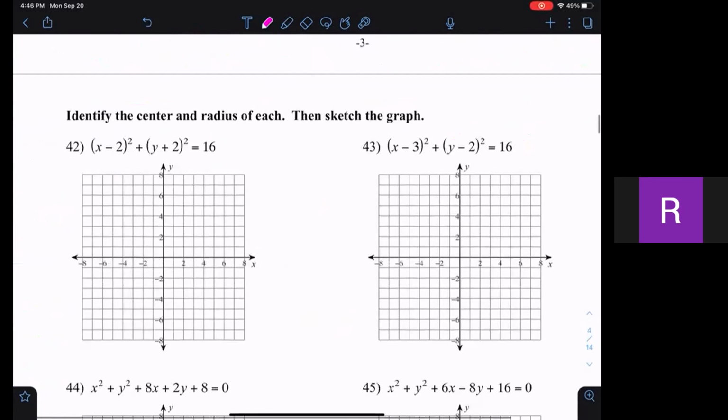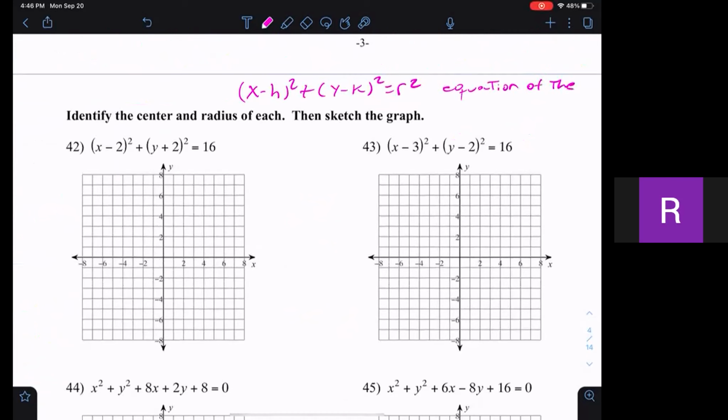Okay, the equation of the circle, right? So the equation of the circle, in standard form, is x minus h squared plus y minus k squared equals r squared. This is the equation of the circle in standard form, right?